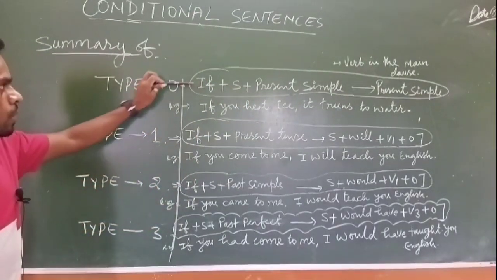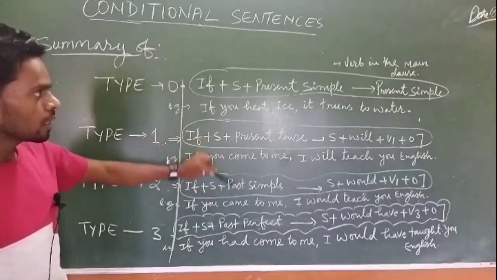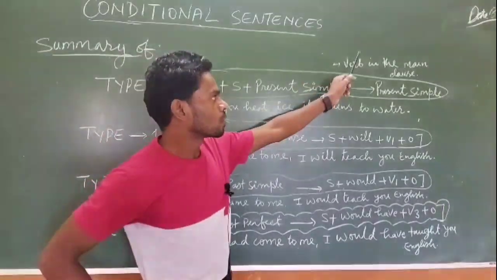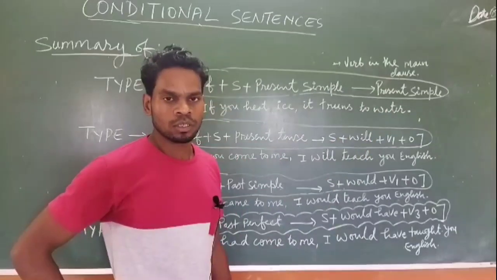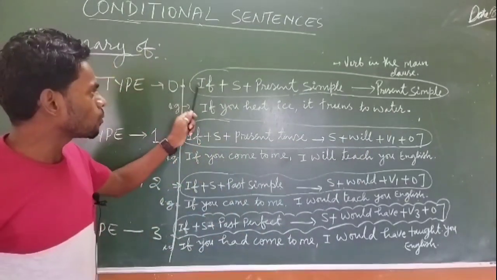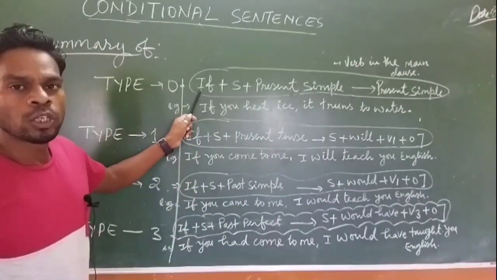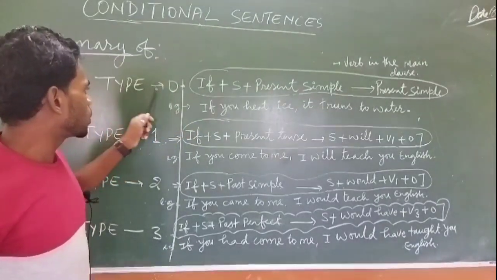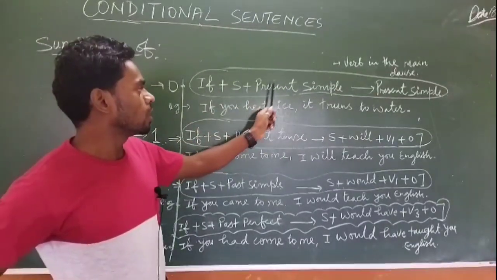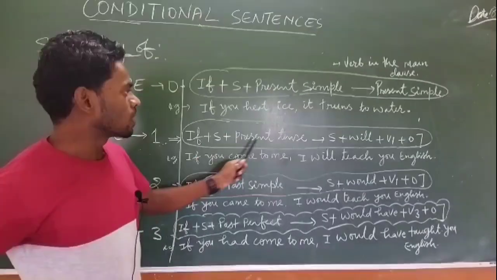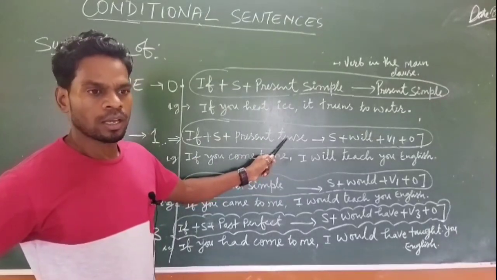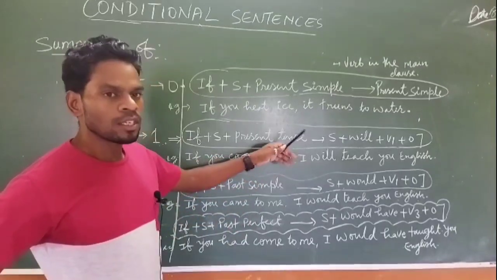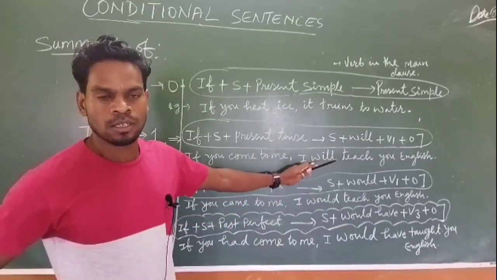So you have to remember this pattern and accordingly use the verb in the main clause. And the if clause, you have to begin with the word if, and if it is type 0, then it has to be followed by the given tenses, and accordingly you frame the structure of your sentences.